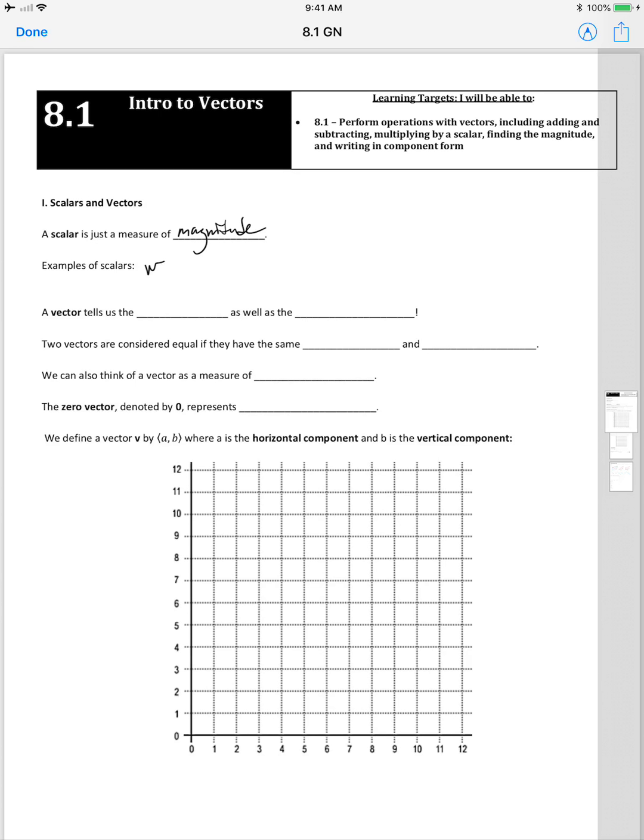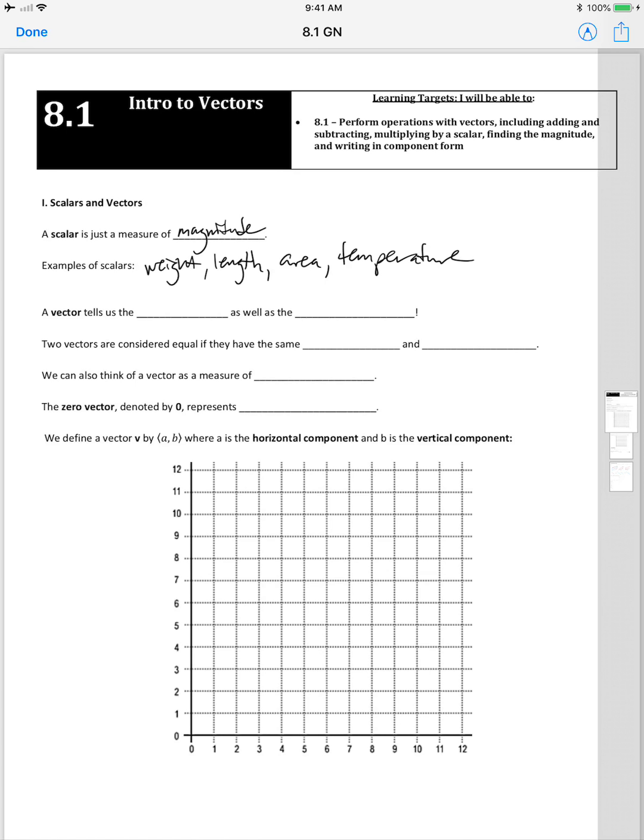Some examples of that include weight. We can talk about length. We can talk about something's area. We can talk about a temperature. There's a bunch of different values that we can describe using just a single number. And in fact, most of what we do in math and science deals with scalars.